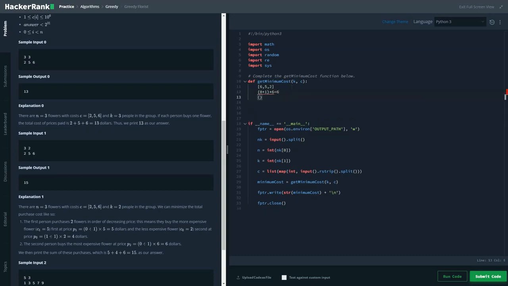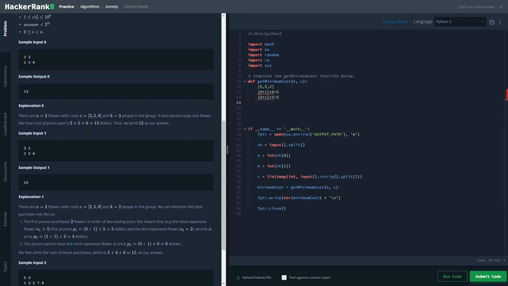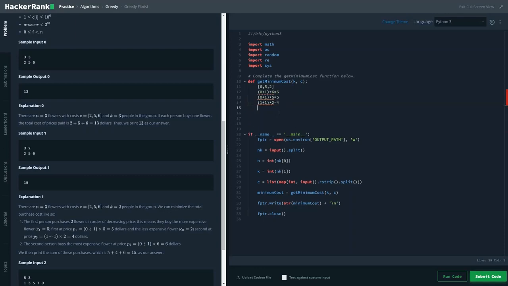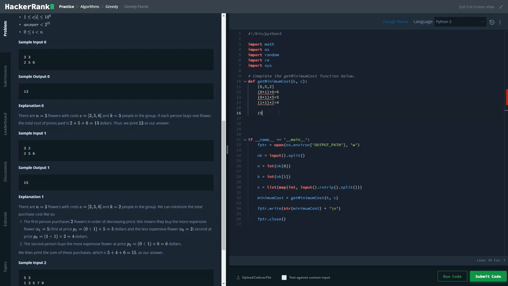Then the second customer would come and purchase the flower at the original price, which would be 5. But when the first customer gets repeated, the price increases by a factor of 1, so it would be multiplied by 2, and the value would become 4. If we sum it up, our minimum price value would be 15.